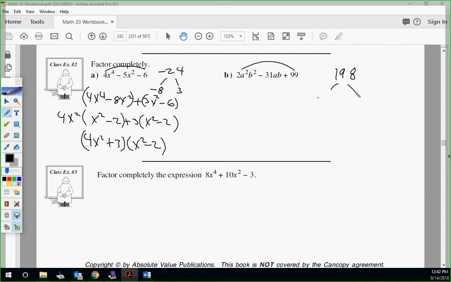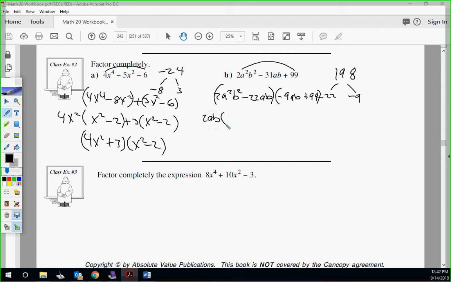9 and 22, good. So now we just break up and go from there. 2a squared b squared minus 22ab minus 9ab plus 99. Now we group GCF. 2ab out of the first one.